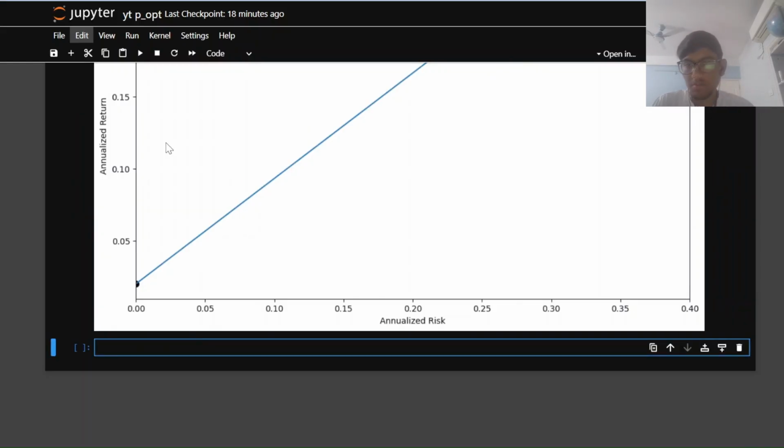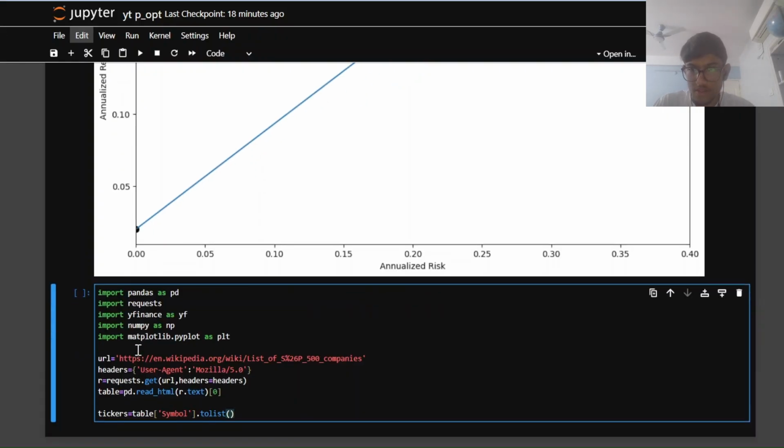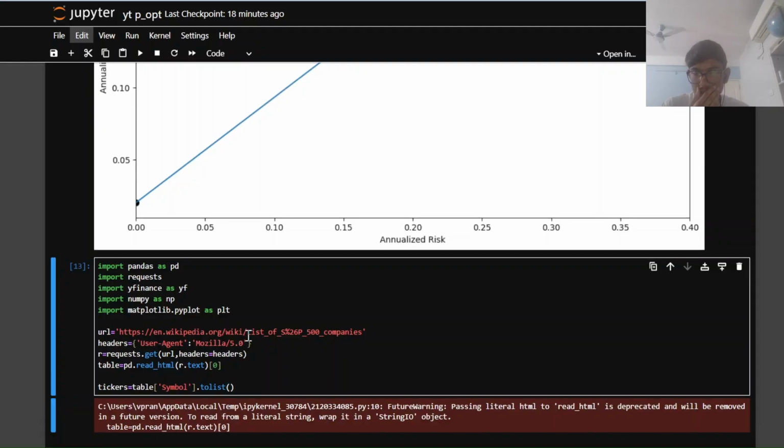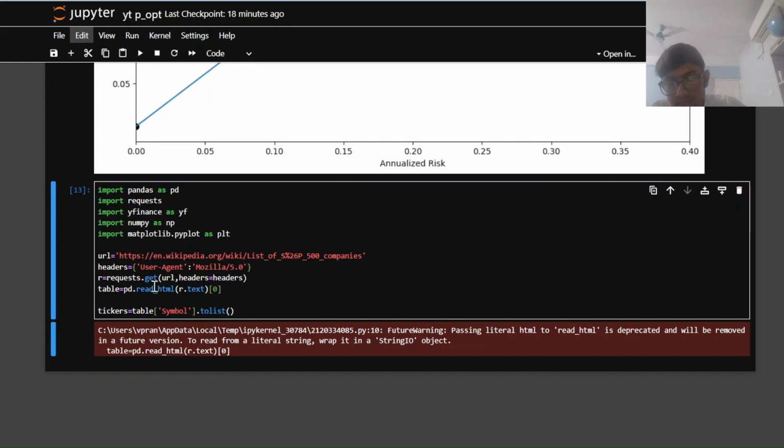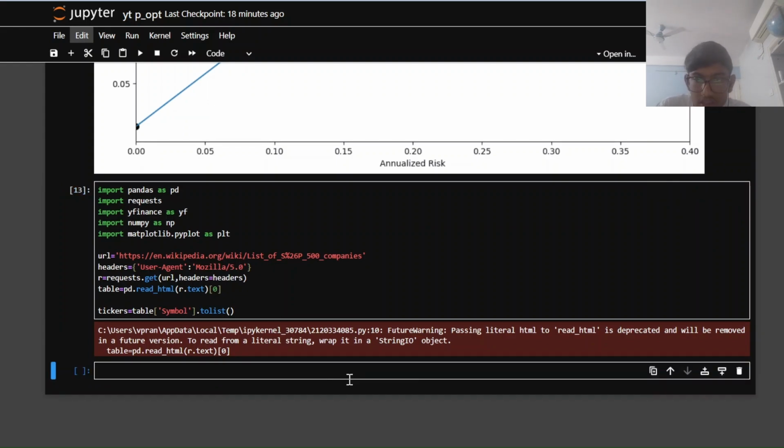So I have the code ready with me for that as well, for just downloading the data from this Wikipedia page, which has all the tickers of the S&P 500 stocks. So there we go. So we have gotten our S&P 500 tickers. And now let's download the data from Yahoo Finance.